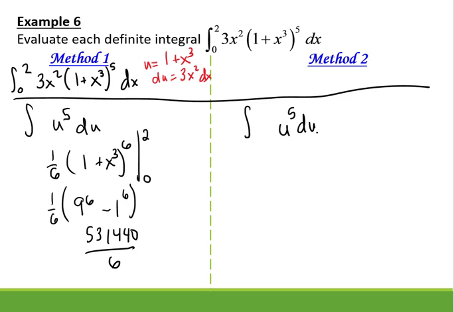If I plug in 0, I get 1. So now I take my antiderivative, and I don't substitute back in 1 plus x to the third. I just leave it as is. So I now have 1/6, 9 to the sixth minus 1 to the sixth.